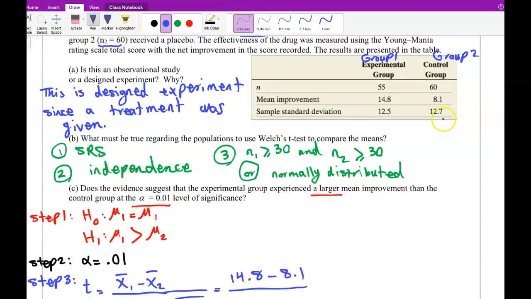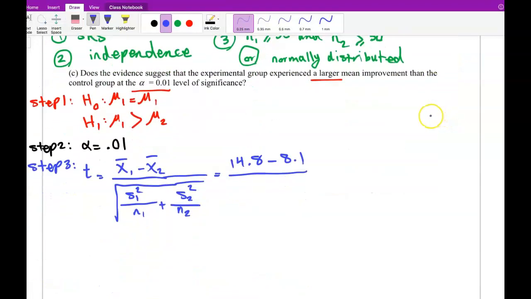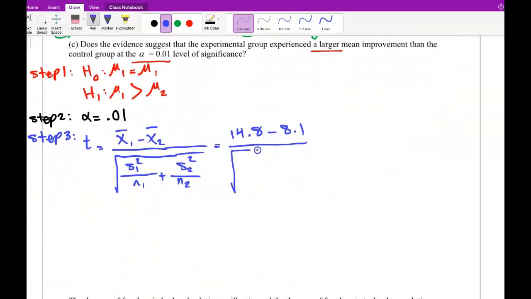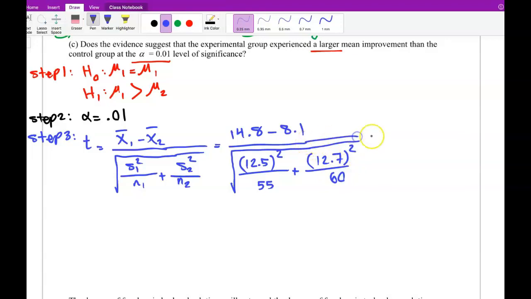Standard deviation 12.5 for the first one, 12.7 for the second group. And sample size is 55, and here sample size 60. Okay, rounding it, the answer is 2.849.